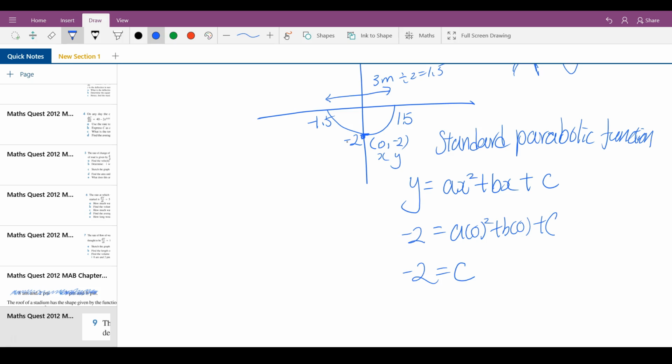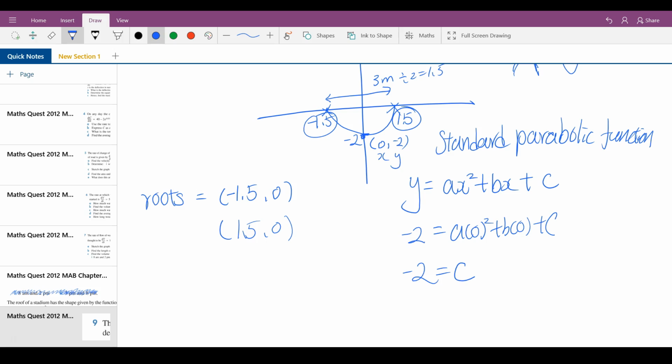Okay. So the next bit we have to use is these two pieces of information. This parabolic function has roots, which are the x-intercepts at these 2 points: at x equal to -1.5 and y equal to 0, and also at x equal to 1.5 and y equal to 0.